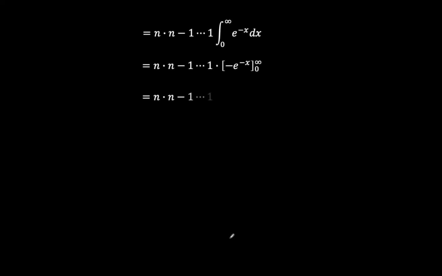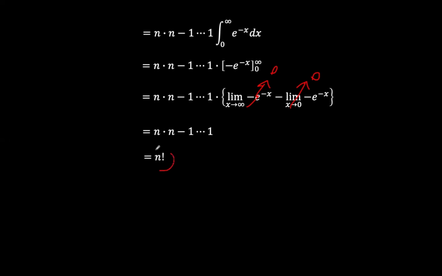When we integrate e to the power negative x from 0 to x tending to infinity, that becomes 1, because the upper term tends to 0 and e to the power negative 0 is 1, minus minus plus. So we have the product of n times n minus 1, n minus 2, all the way up to 1, so n factorial.